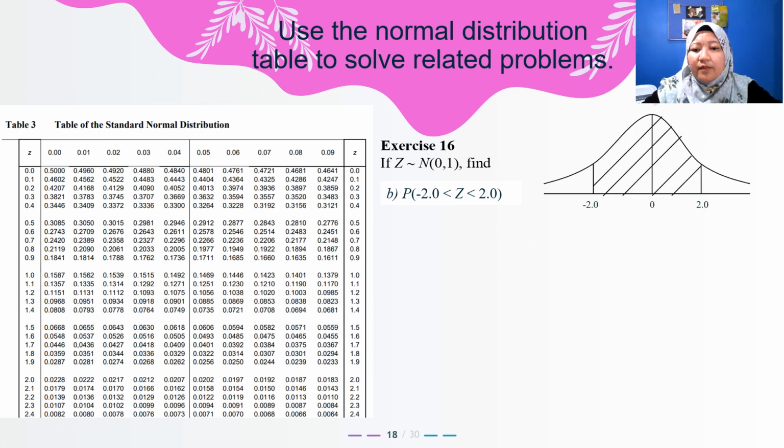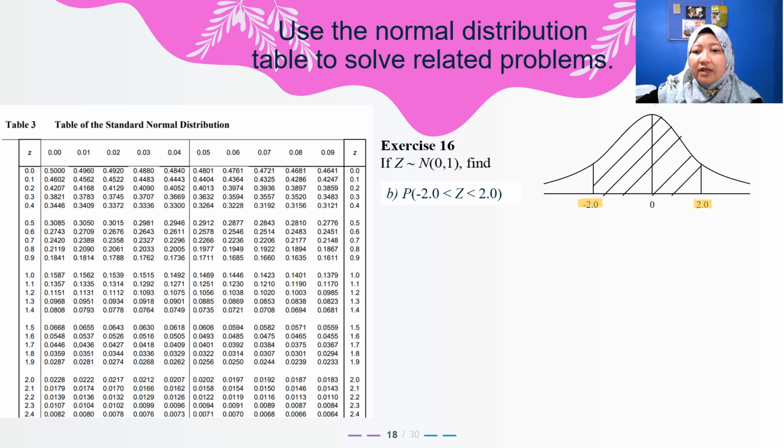B, we have to find the probability Z greater than negative 2.0 less than 2.0 like this. Okay, lukis bell shape dan tandakan di mana Z. Okay, ini adalah nilai Z. Okay, shade the region like this.